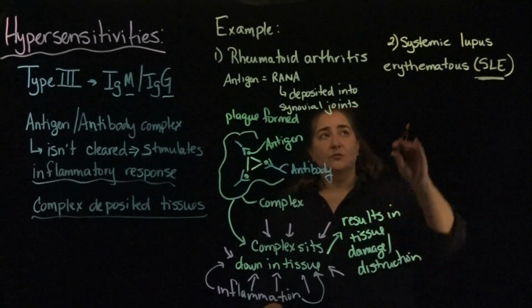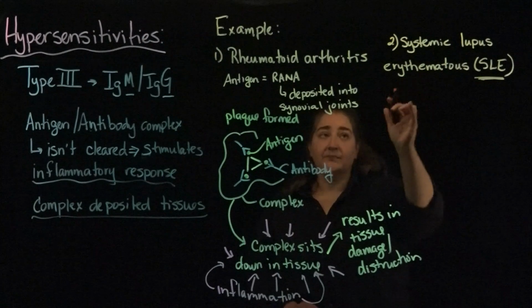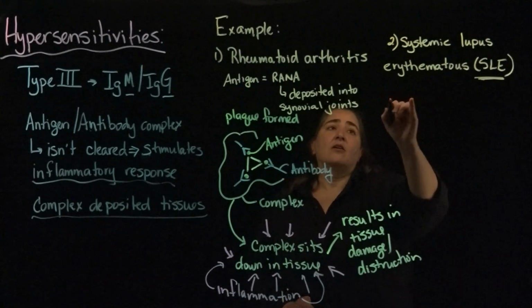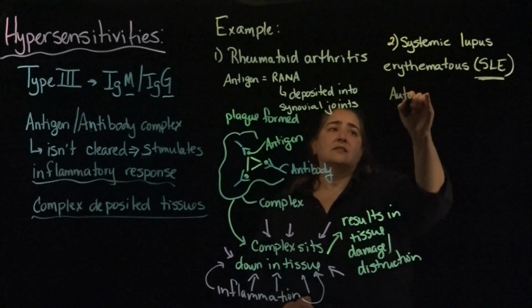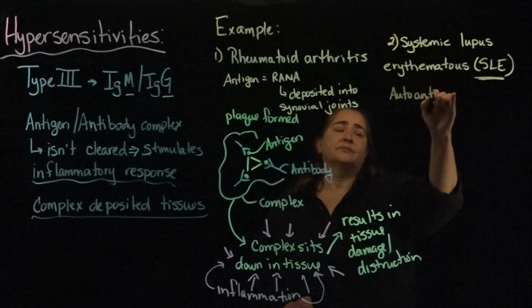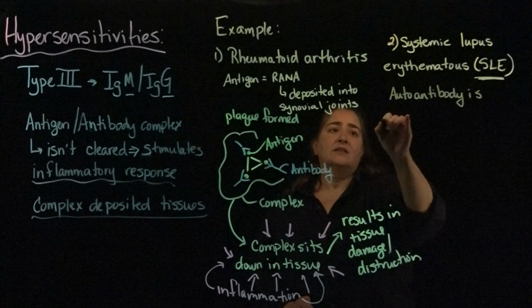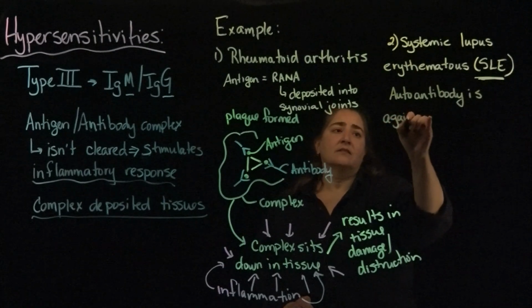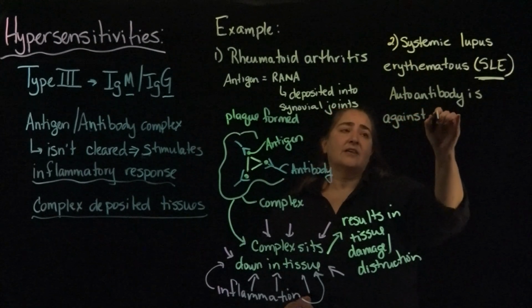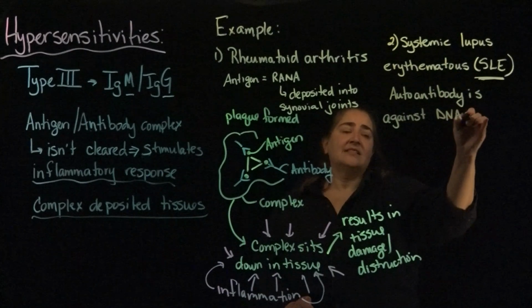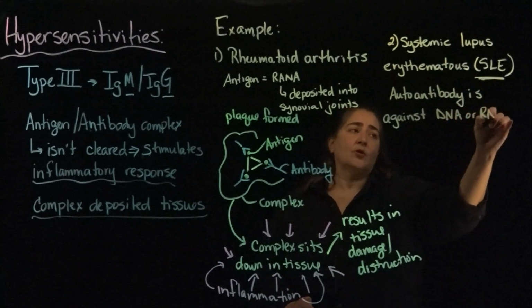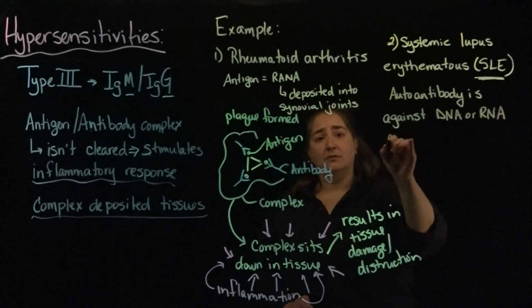So SLE, or systemic lupus, our autoantibody in this case is against either DNA or RNA components.